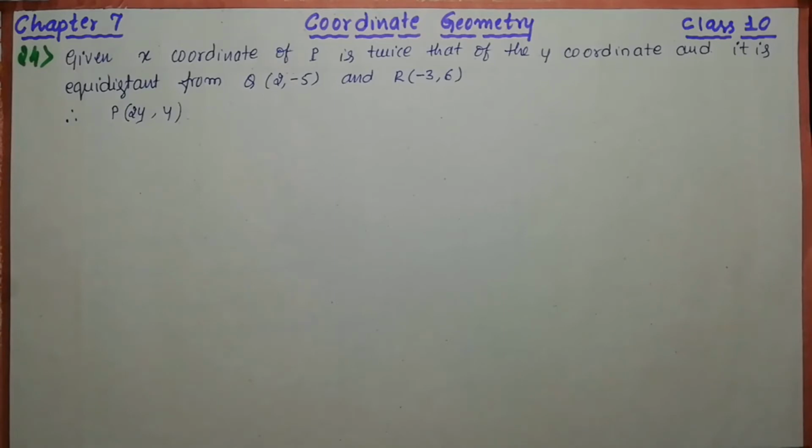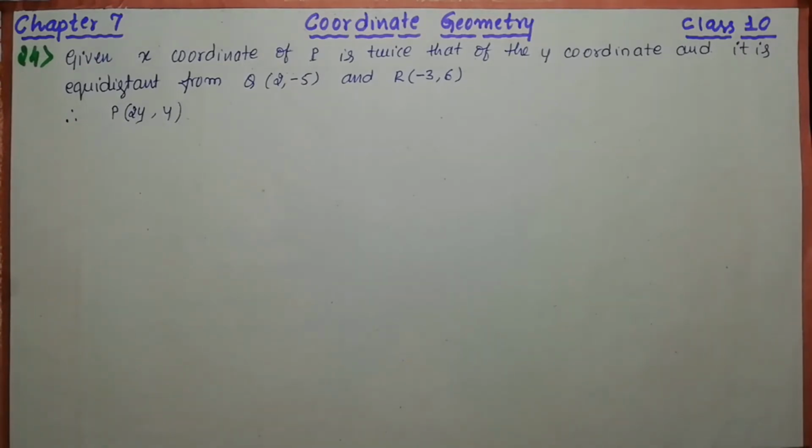Here the relationship between the coordinates of P is given. If the relationship is given to you, then you can easily find the point P, because now there is only one variable. In the previous problems the point was lying on an axis, that's why one variable disappeared.